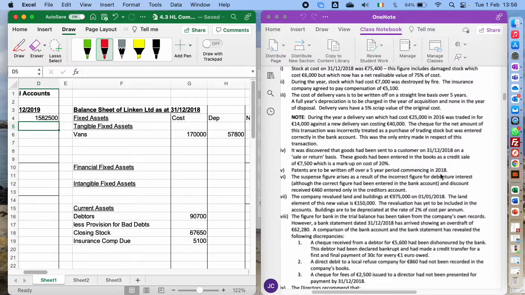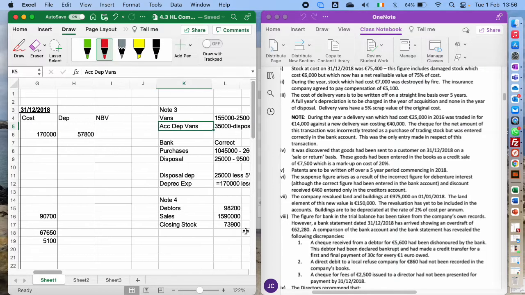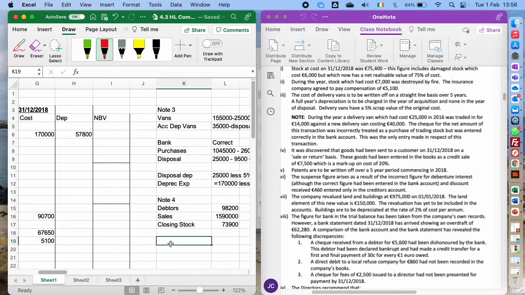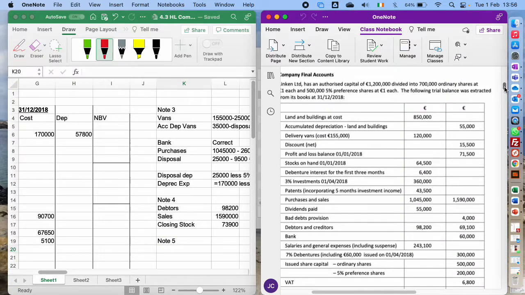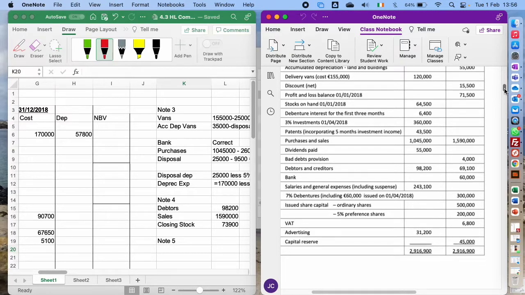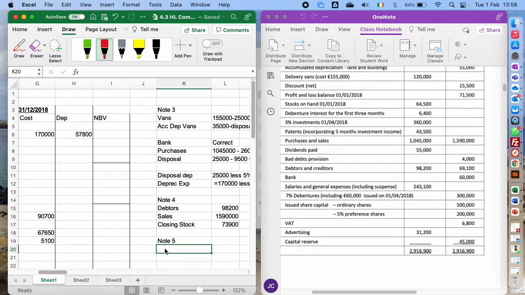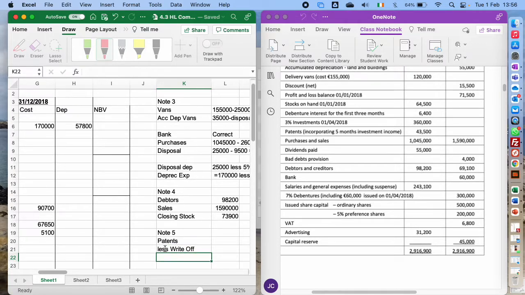Patents written off over a 5-year period commencing in 2018. Okay, so I will need to do rough work for this because it's a bit tricky. So I'm looking at patents up here. So I'm going to have patents, and then I'm going to take away a write-off, and that's going to give me my new patents.